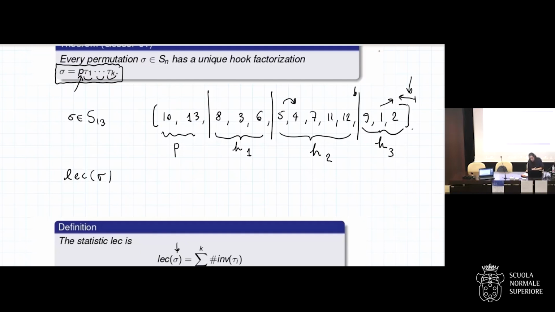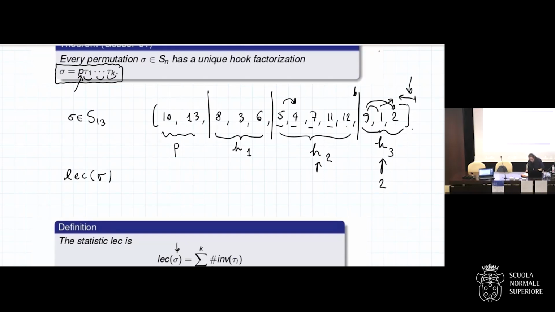We already have the hook factorization, so what I have to do is count the number of inversions in each hook. For example, in H3, 9, 1 is an inversion, meaning that 9 is bigger than 1 and appears before the 1, so now they are inverted. And 9 is also bigger than 2. So here we have 2 inversions coming from this hook. Let's do the same with H2. 5, 4 is an inversion.